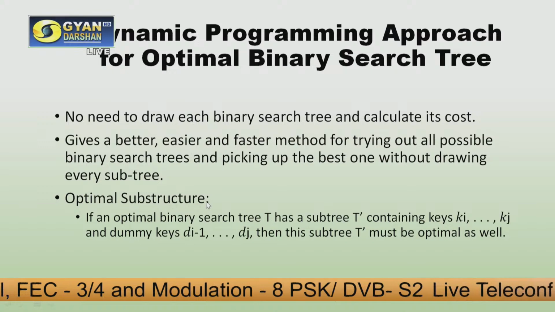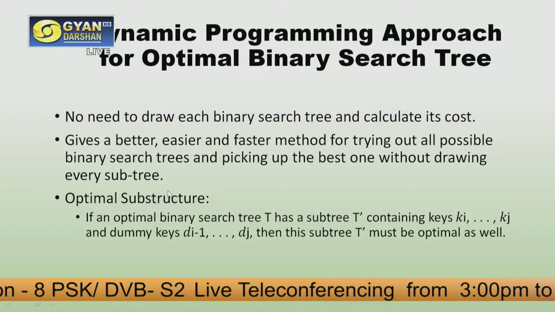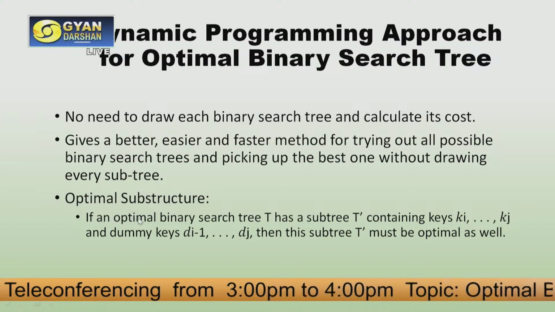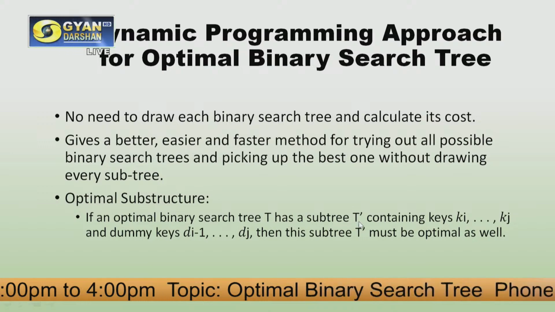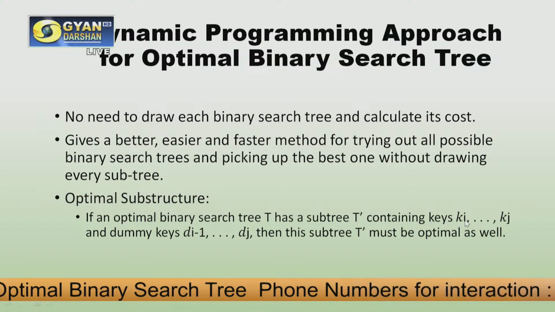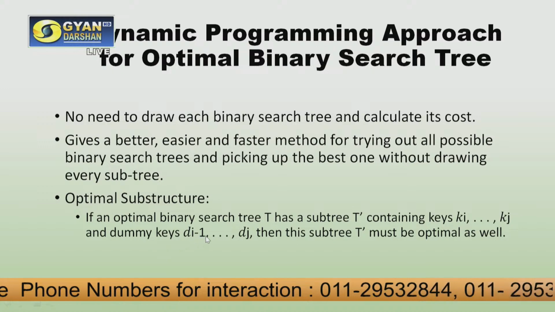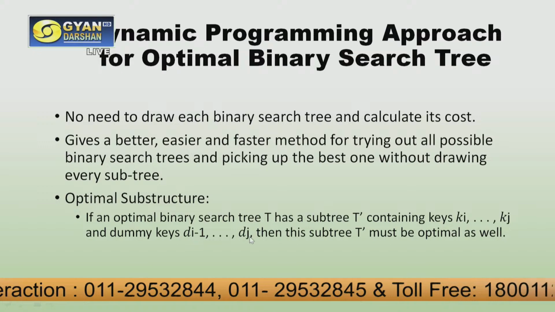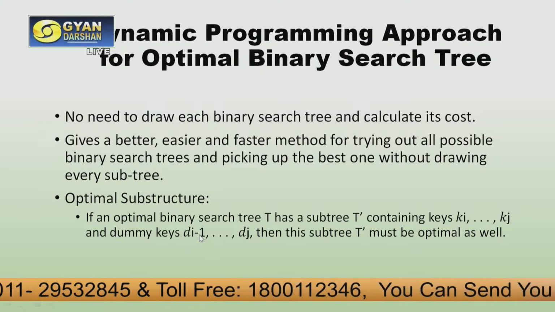Optimal substructure. So dynamic programming wants an optimal substructure. And what is that optimal substructure? If an optimal binary search tree T has a subtree T dash containing keys, let's say Ki to Kj, and dummy keys Di minus 1 to Dj. Remember, dummy keys are going to be one more, starting from Di minus 1.